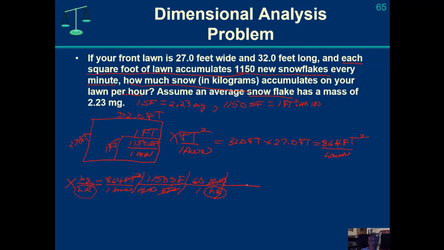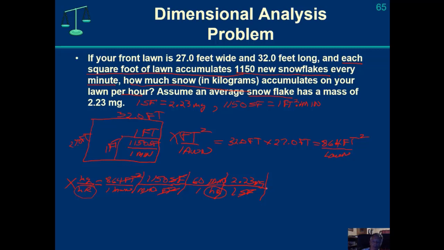So now that I've got that, I simply need to convert snowflakes to kilograms. So 1 snowflake weighs 2.23 milligrams. Okay, that I accumulated here from the word problem. And so snowflakes divided by snowflakes will cancel.